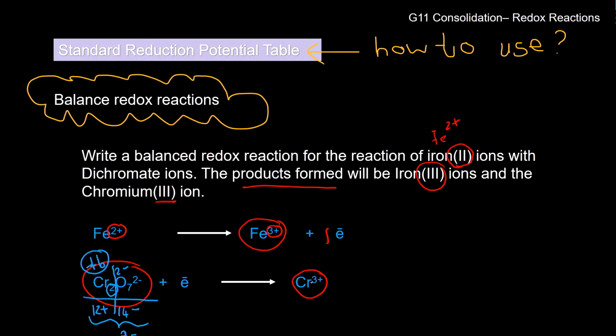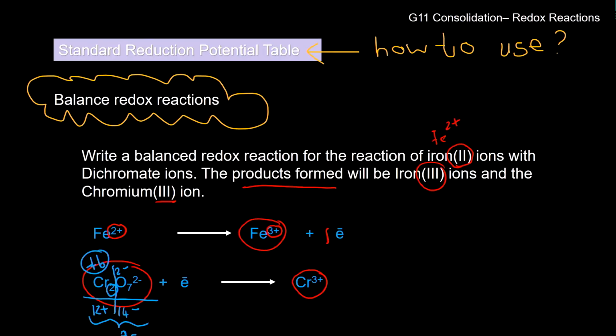It becomes 3 plus. What's happening? It is taking on electrons, and the electrons that it's taking on is 3, from 6 to 3, so we're going to put in 3 electrons. Which one is being oxidized? Which one is being reduced? So this substance over here, the iron 2 plus, is being oxidized.